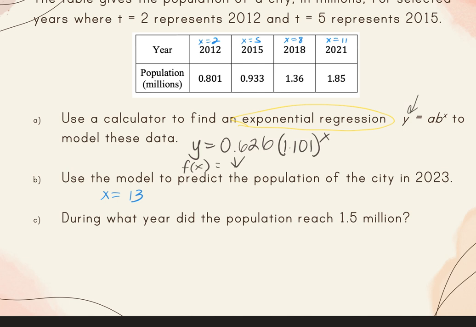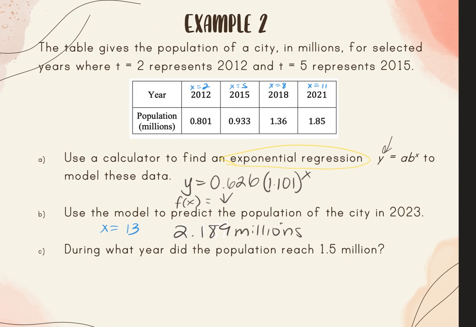What do you get when you do that? 2.189 millions. Obviously, this is people, right? Because it said people, population of a city.